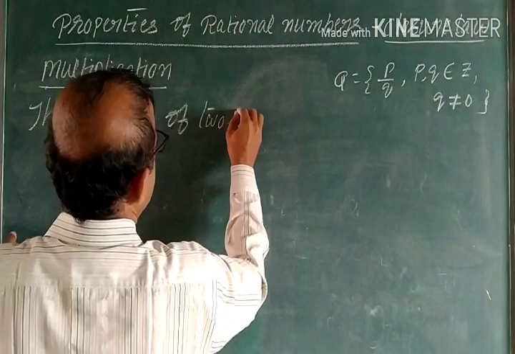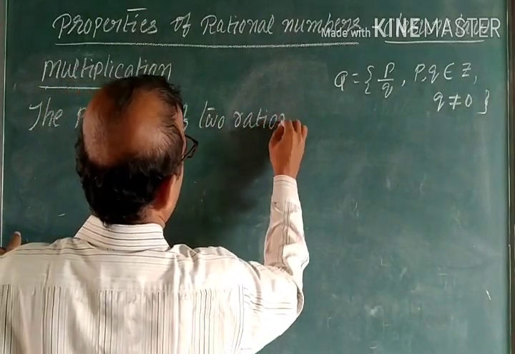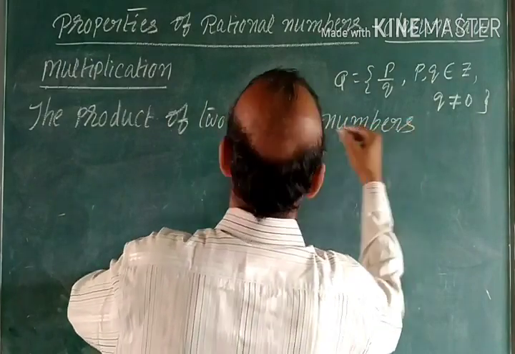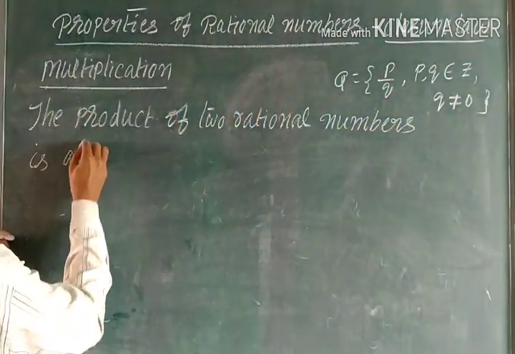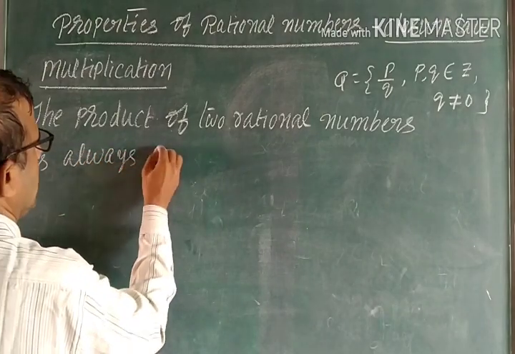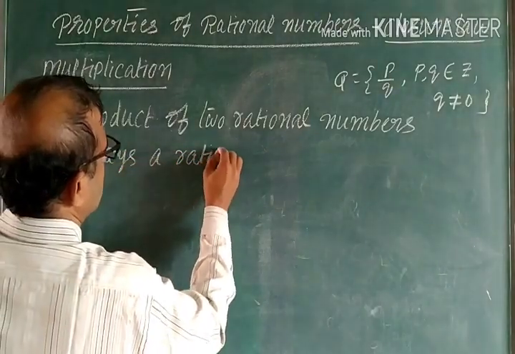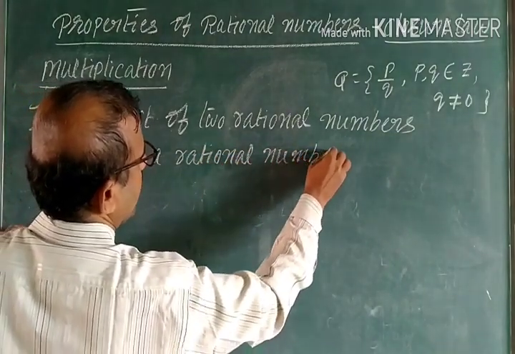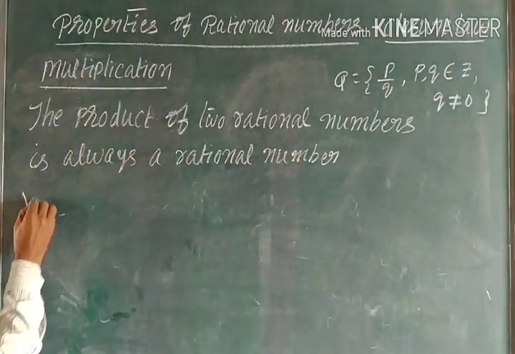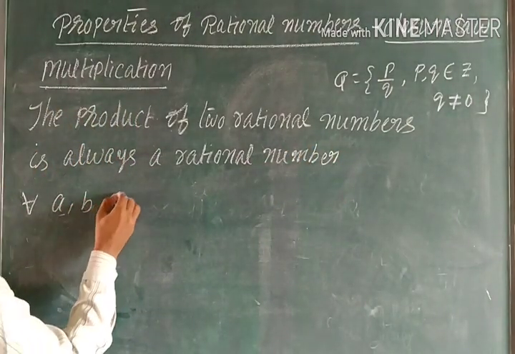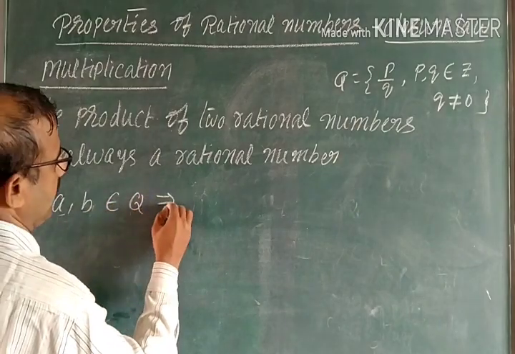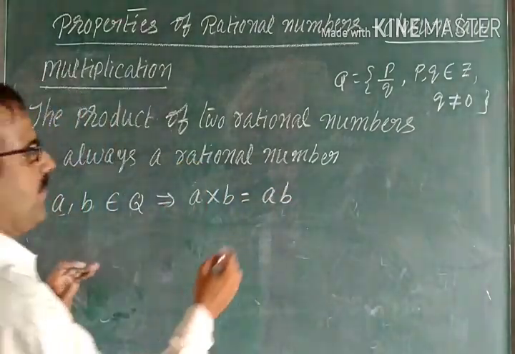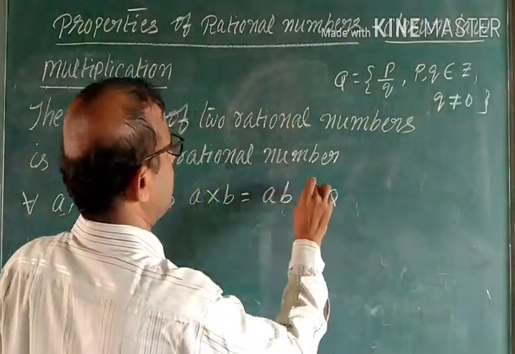The product of two rational numbers is always a rational number. Therefore, for shortest notation, for all a, b belongs to Q, that implies a into b is also written as ab. So ab belongs to Q.